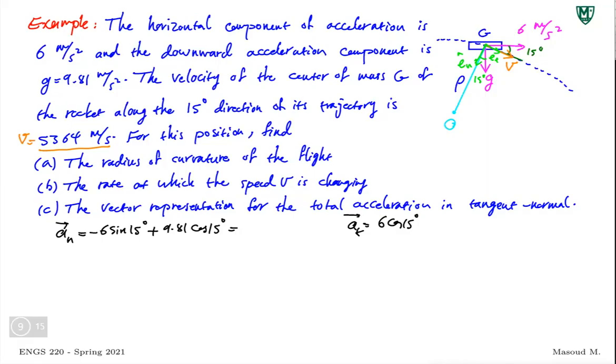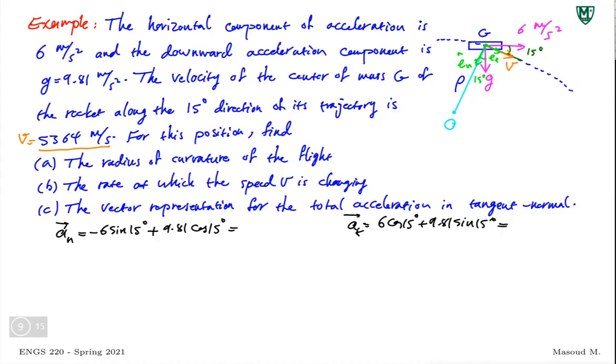It's in positive e_t, so keep it as positive, plus 9.81 sine 15 degrees. It's also in positive e_t. For the g component, forget about e_n, now look at e_t, and you're finding the components of acceleration 6 meters per second squared and g along e_t.